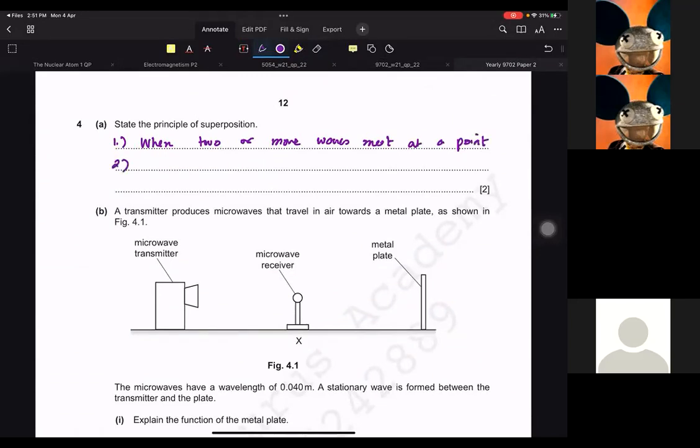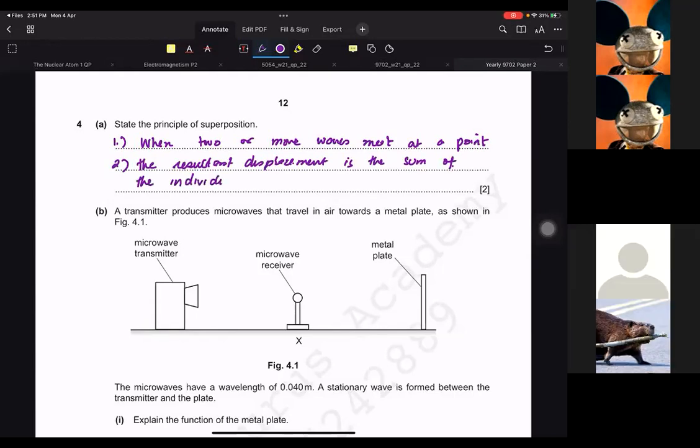The second mark should be the resultant displacement is the sum of the individual displacements at that point. Right? You can write it.